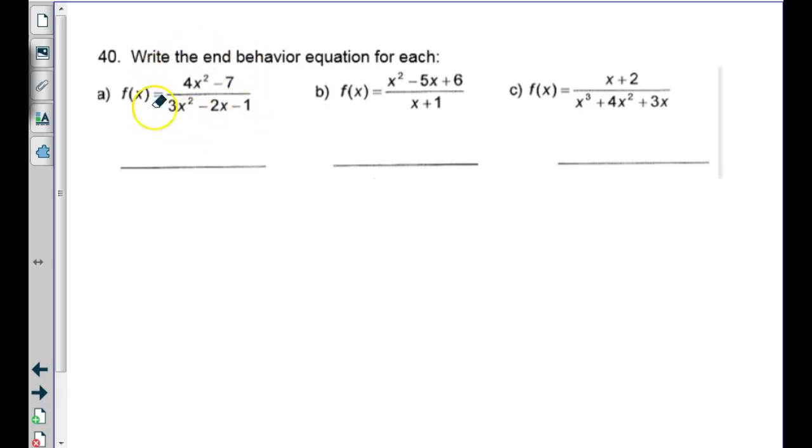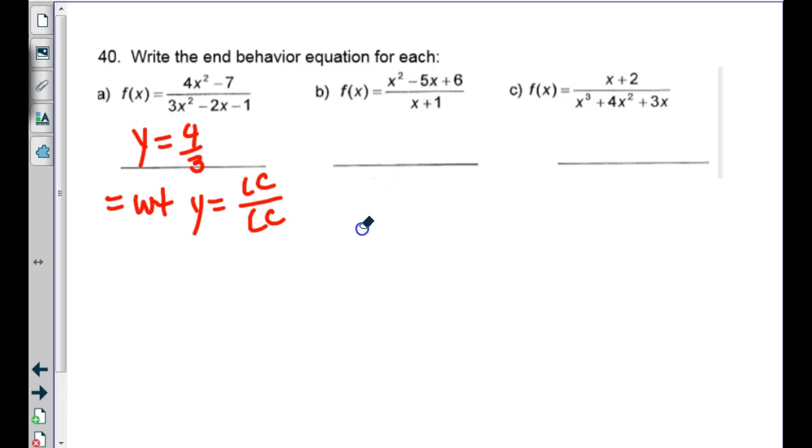Equal weight, top heavy, bottom heavy. Equal weight, so it's y equals leading coefficient over leading coefficient. So you'd write y equals 4/3. Okay, I wrote the explanation too there. It's the degree that determines whether it's bottom heavy or top heavy, and this is degree 2 over degree 2. This is top heavy, so top heavy says you do what?